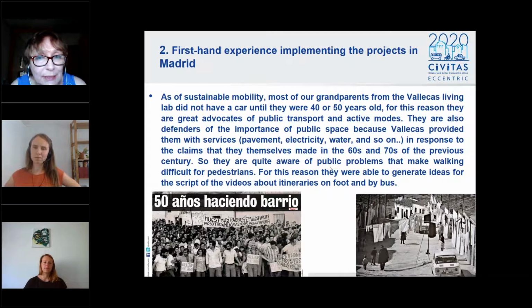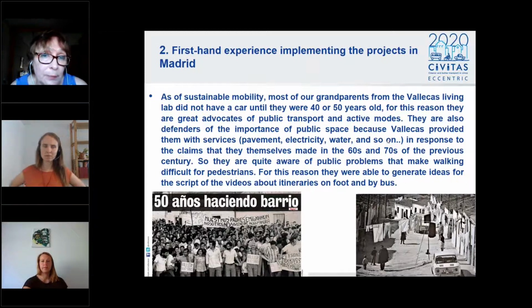As for sustainable mobility, most of our grandparents from Vallecas Living Lab, which is a neighborhood of Madrid, did not have a car until they were 40 or 50 years old. For this reason, they are great advocates of public transport and active modes. They are also defenders of the importance of public space because Vallecas provided them with services like pavement, electricity, water, and so on, in response to the claims that they themselves made in the 60s and 70s of the previous century.